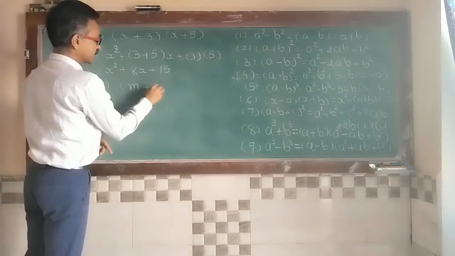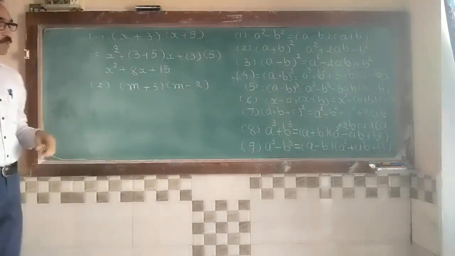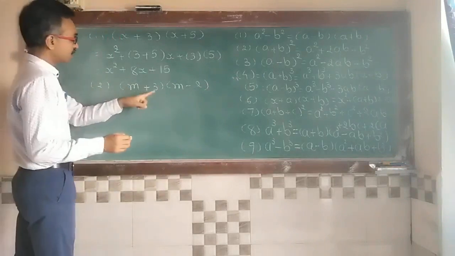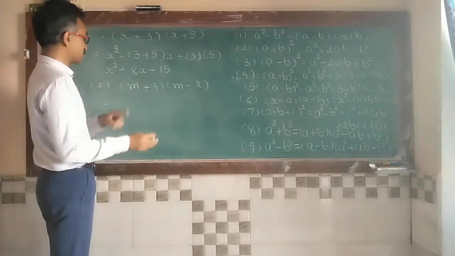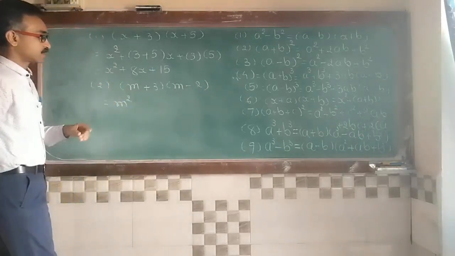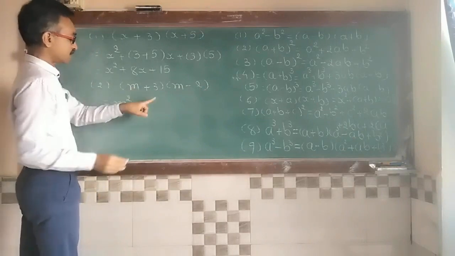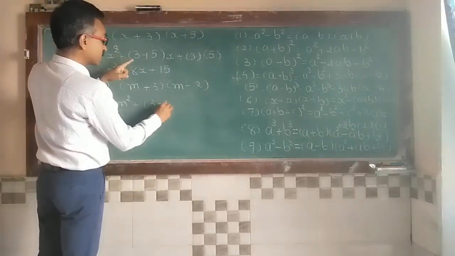Again, suppose you are given m plus 3 and m minus 2. So see that here a is equal to 3 and b is equal to minus 2. So the answer is m square plus, see here, a plus b, that means 3 minus 2, that is 1 into m.